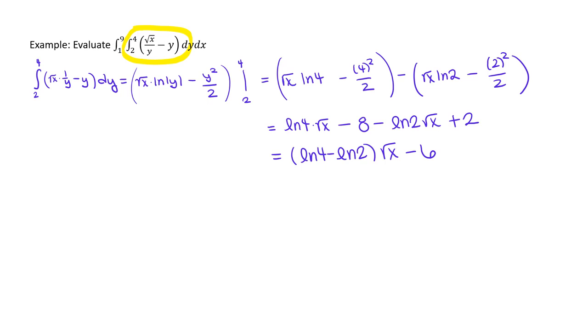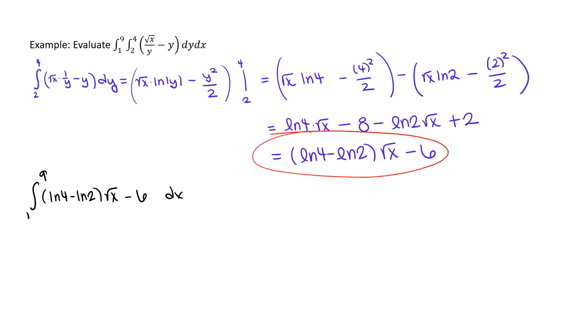So I got ln 4 times root x minus 8 minus ln 2 times root x plus 2. I might as well group these terms with root x together. I could write that as ln 4 minus ln 2 times root x. And then minus 8 plus 2 is minus 6.